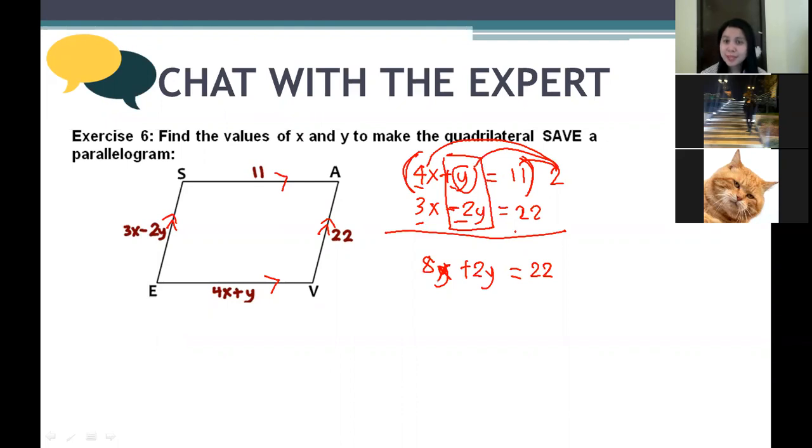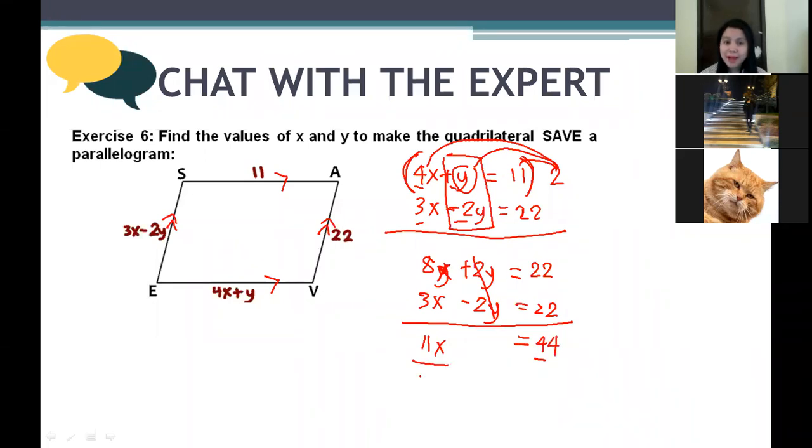Let's copy the next equation. 3x minus 2y equals 22. Here, 2y and minus 2y. It's now 0, right? Because they are opposites. So we are left with x. 8 plus 3 is 11. Copy the x. 22 plus 22 is 44.